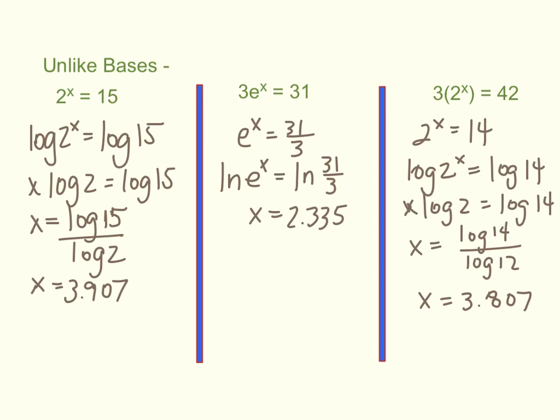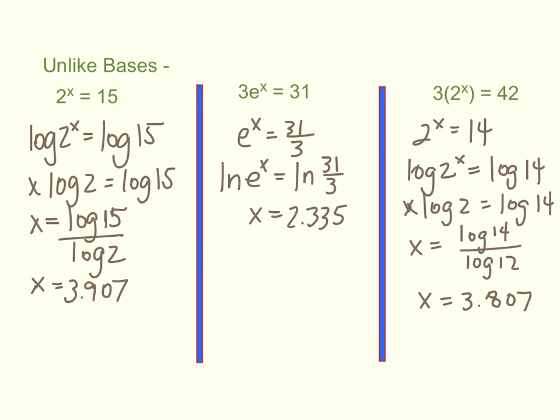And at this point, if I divide both sides of this equation by the log of 2, then I'll have the x by itself, and I can certainly calculate log of 15 divided by log of 2, and it's approximately 3.907.